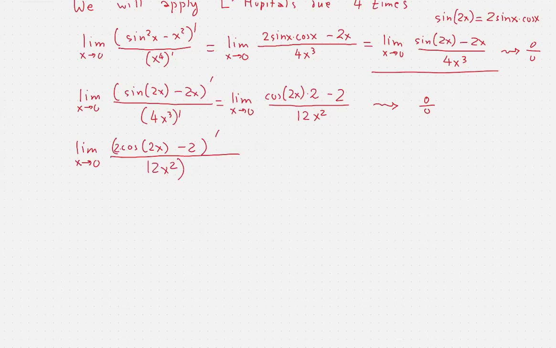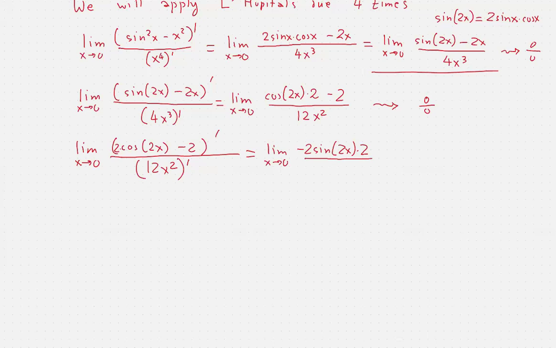Now, the derivative of cosine of 2x is, again, by the chain rule, negative sine of 2x. So we will get negative 2 sine of 2x times 2. And of course, the derivative of 2 is 0. And on the bottom, we get 24x.